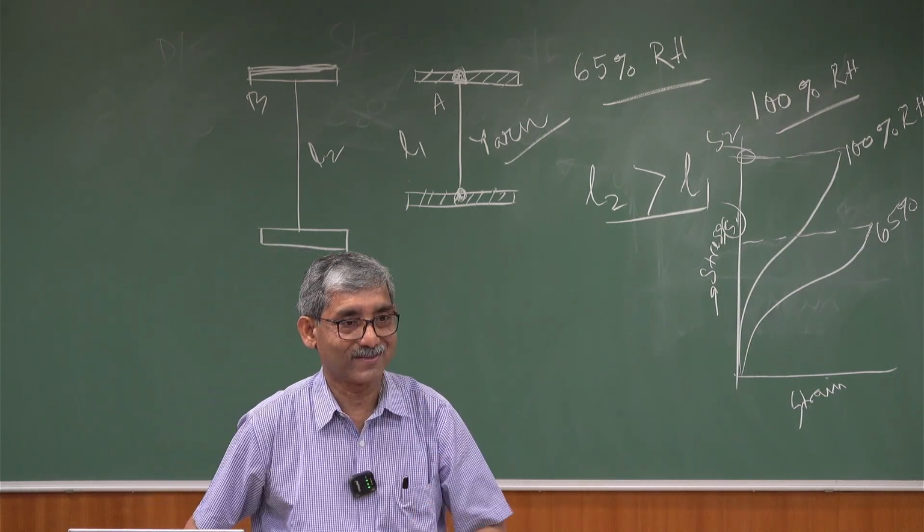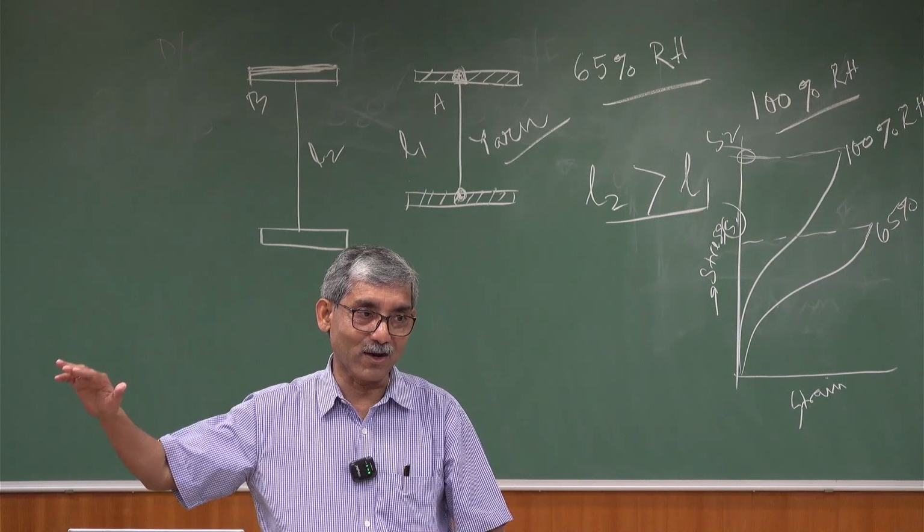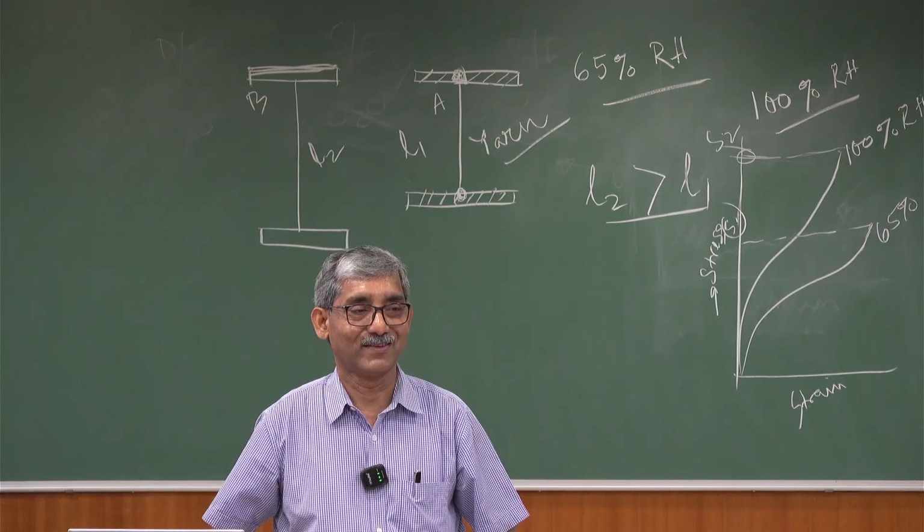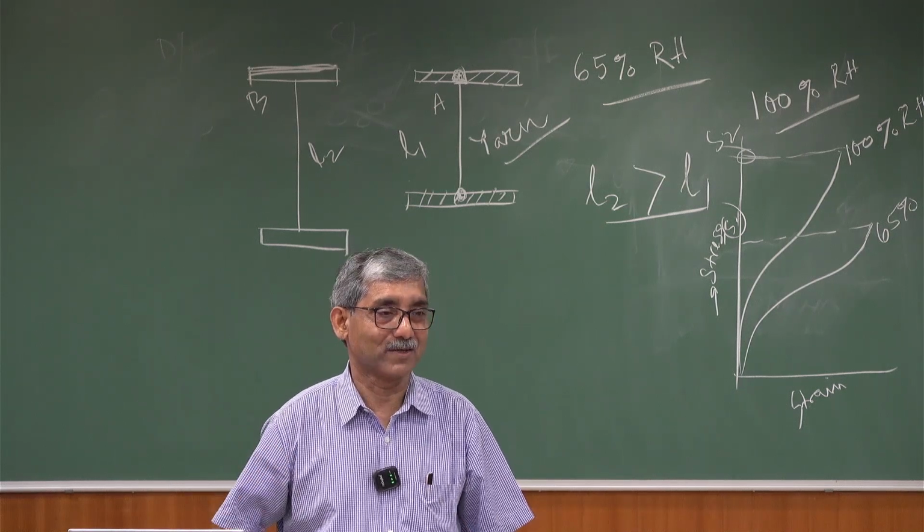Quality assurance. Now quality control and quality assurance are an entirely different concept. Quality control is where you have the raw material, I have the raw material, and we are trying to control the quality. We are not allowing the quality to deviate from the target. That's quality control. I'll give you one example.